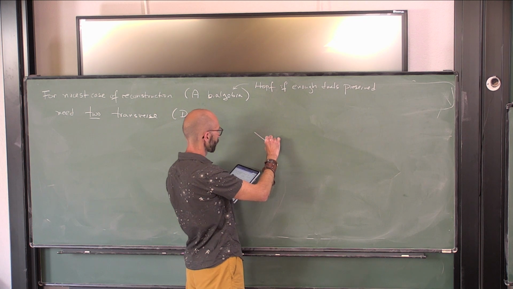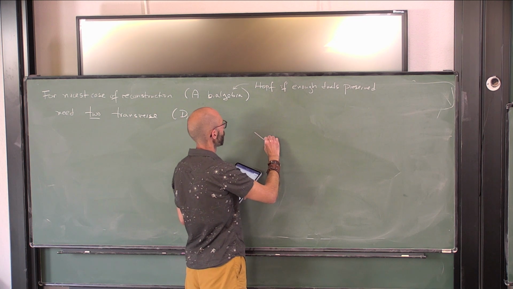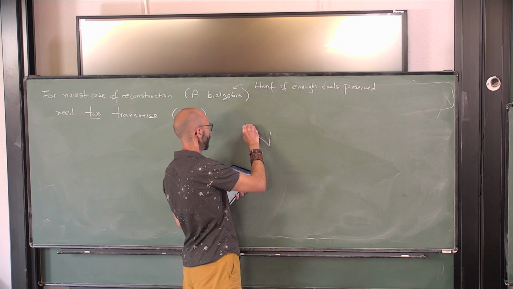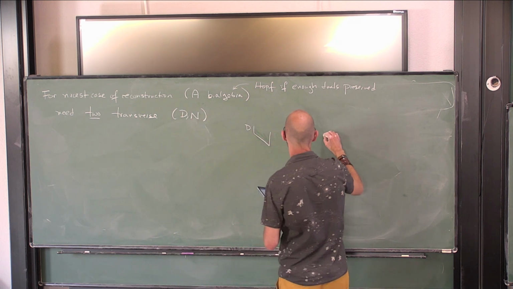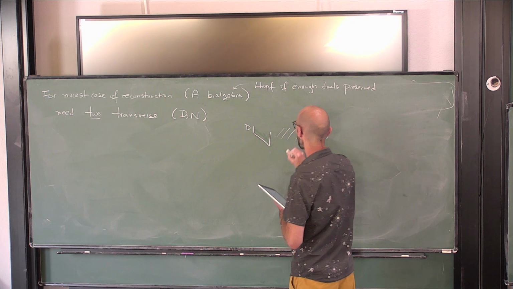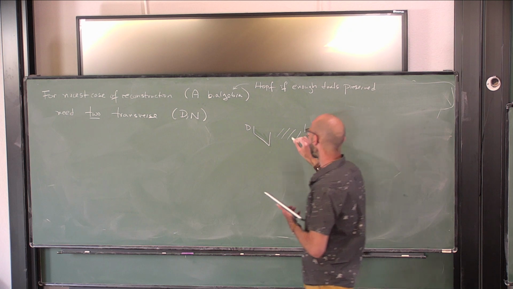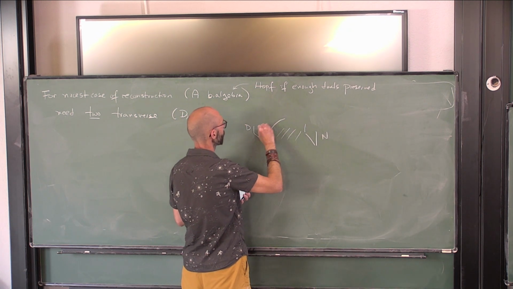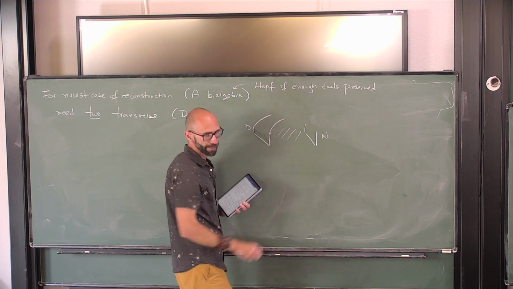It means there's an isomorphism between D and N and a bulk theory in the middle that is trivial. But the isomorphism needs to be spelled out.